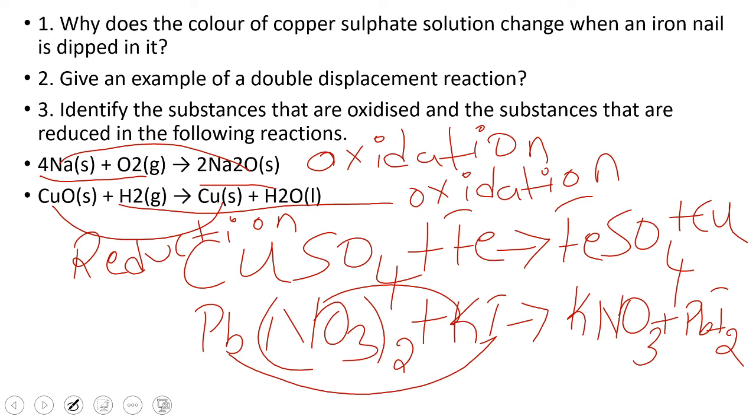So this is an example of a redox reaction. This is the end of our lesson where we discussed different types of chemical reactions, oxidation and reduction reactions, and the effects of oxidation in our daily life.